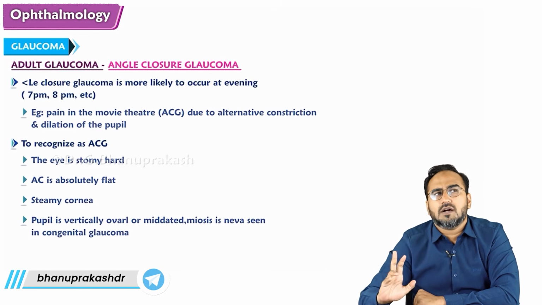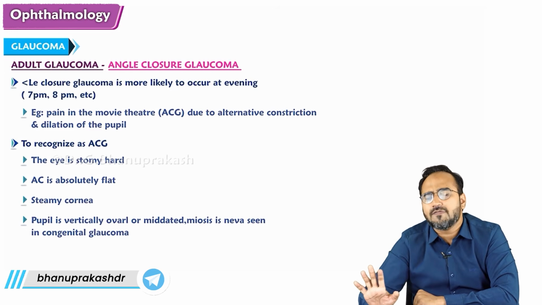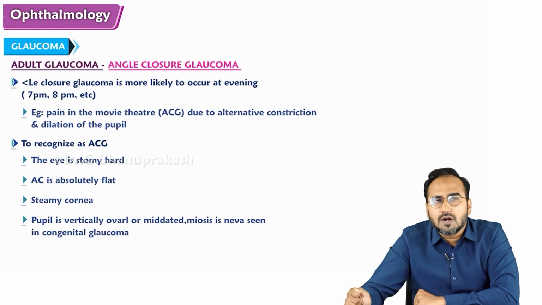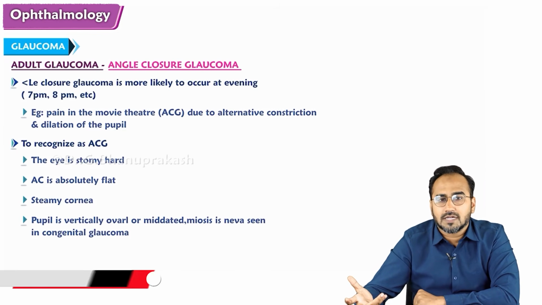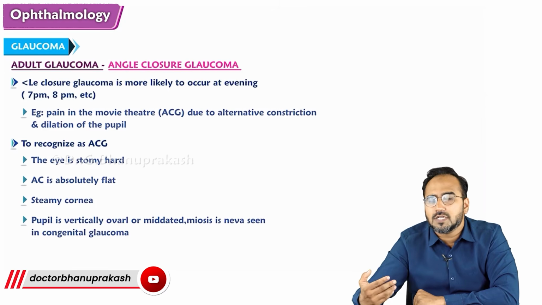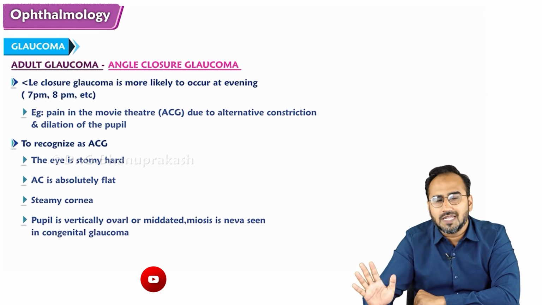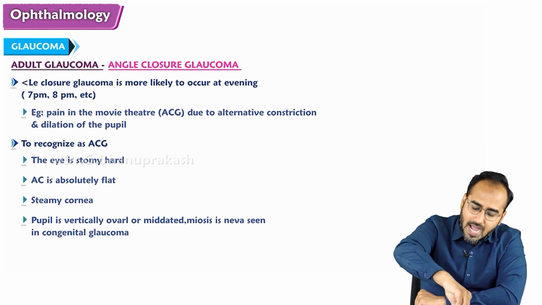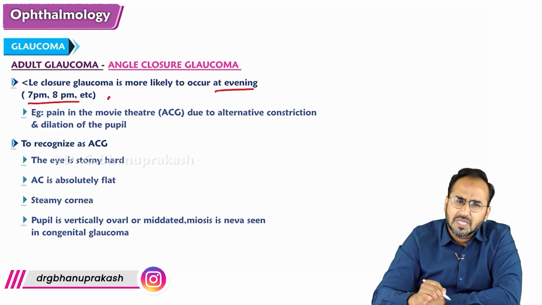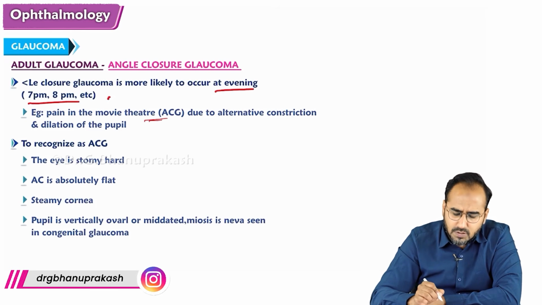Imagine an elderly female sitting in her home with a constricted pupil, and suddenly she goes outside where it is dark. The pupil gets dilated. While going from constriction to dilation or from dilation to constriction, the pupil can get stuck in the mid-dilated phase, stick to the lens, and cause angle closure glaucoma. So angle closure glaucoma is most likely to occur in the evening or night, at 7 p.m. or 8 p.m. I gave you the example of a movie theatre. Pain in the movie theatre could be angle closure glaucoma.